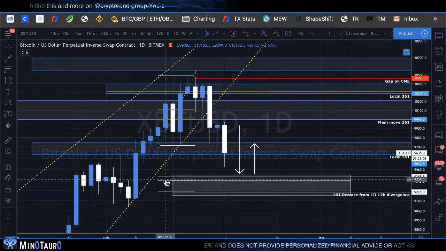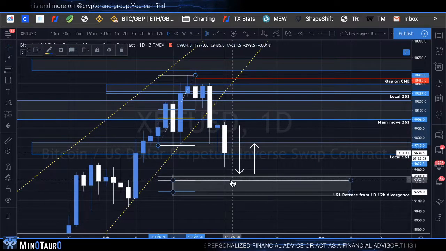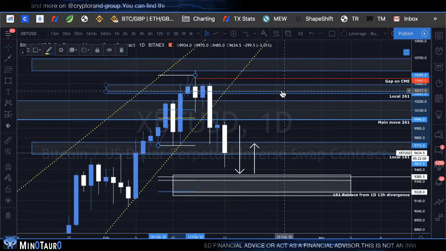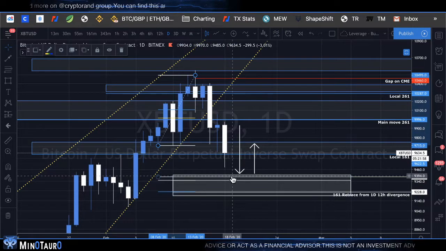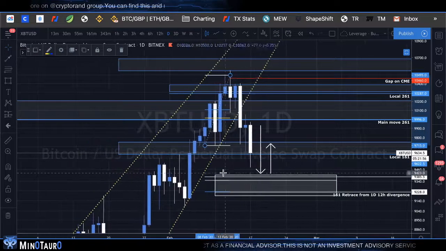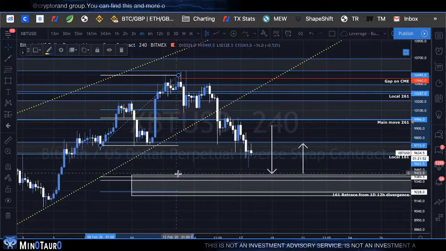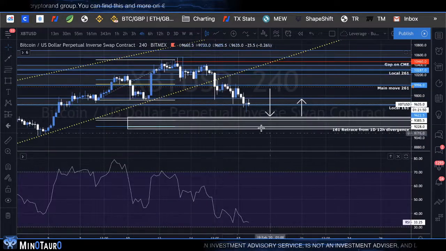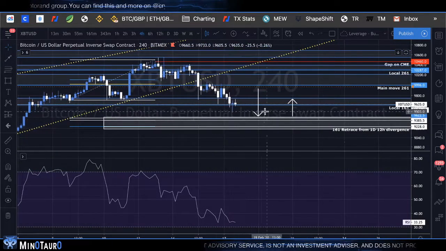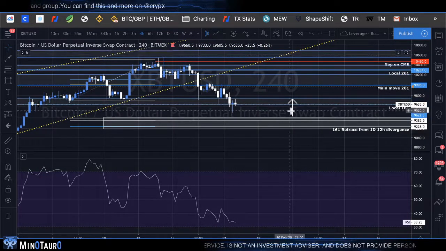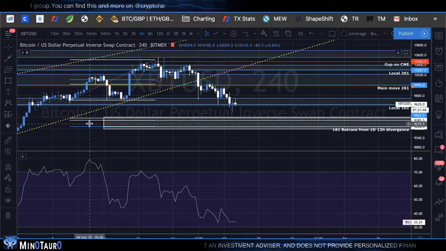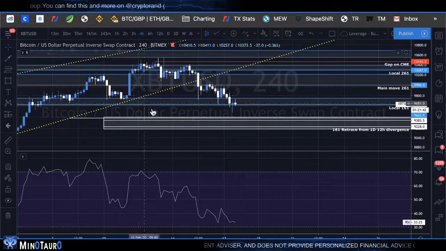Okay, so 161, then pump, probably. Okay, what will happen with the pump? With the pump, we'll be going here and just check what we have. Because together with the pump we also need to check the divergence. So I just did this so I know that there is a divergence on the 4 hours.